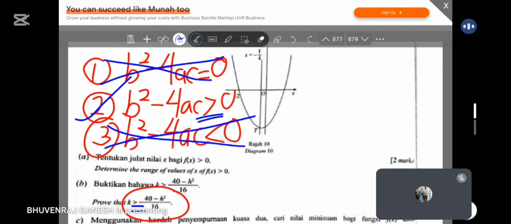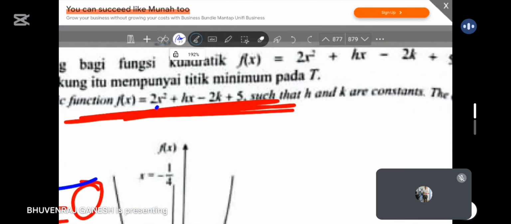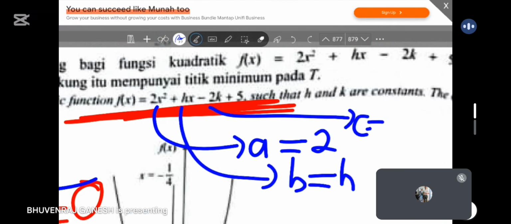This one is wrong. Okay, and also you notice there are two real roots and distinct roots on the graph. Ada dua punca nyata yang berbeza nilai dia. So that's why lebih besar dari kosong, greater than 0. Okay, so you just need to identify your A, B, and C value from this equation over here. Okay, so your A value is equal to 2, B value is equal to H, and C value is equal to negative 2K plus 5.